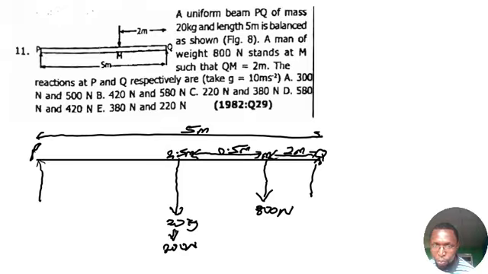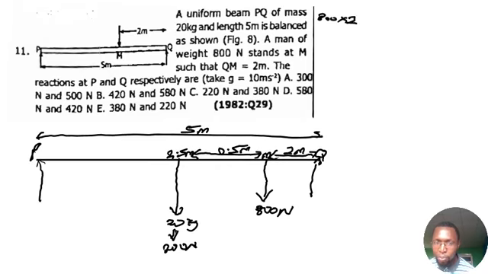Let's do moment about this point Q for 800 Newton. So it will be 800 times, remember that this is the distance from there to the point, times 2. Okay?